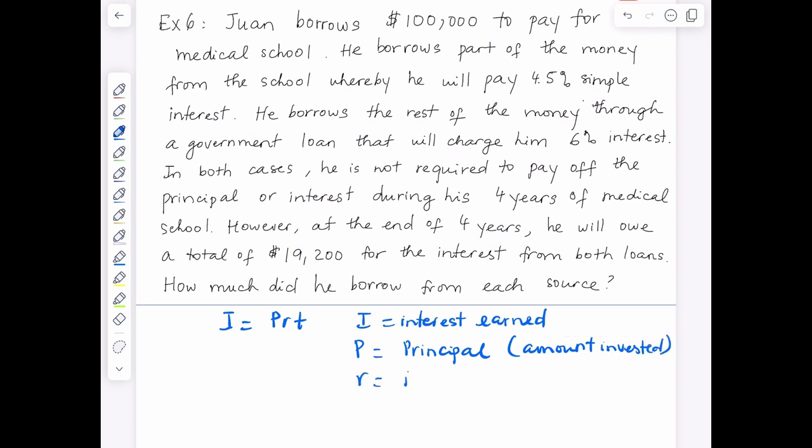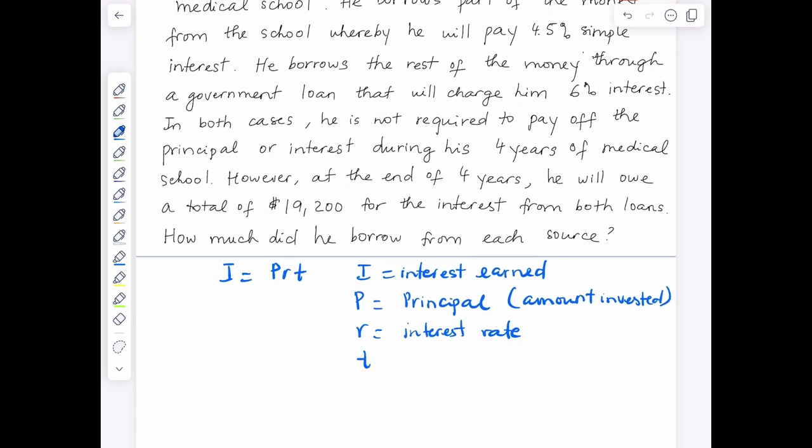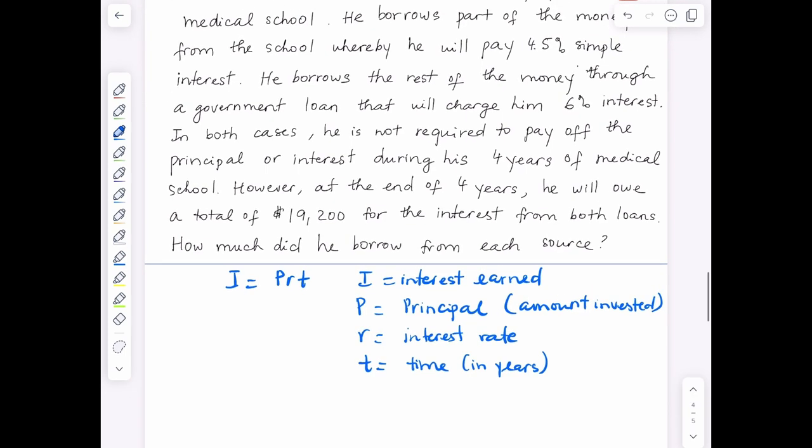R is the interest rate. And T is time in years. So when you borrow a loan, the lender typically will enforce an interest rate so that over time they can make some money off of the loan that you borrow.